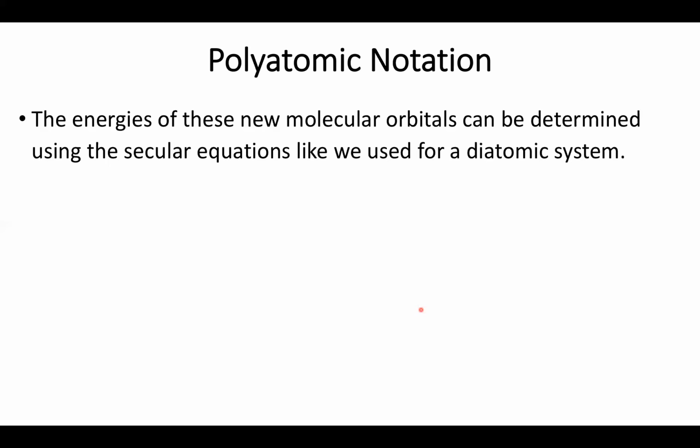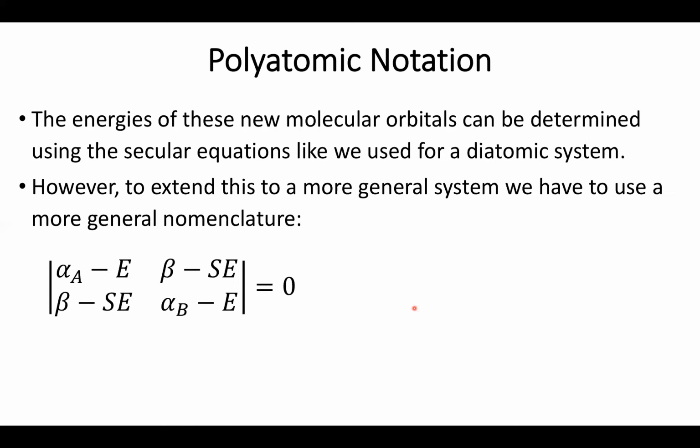So as a reminder, in order to solve for the energies of my diatomic system, we made use of our secular equations. And specifically, in order to solve for the energies, we often started by ignoring the coefficients and simply focusing in on the determinant of our various energies of interaction. So hopefully this matrix nomenclature looks fairly familiar.